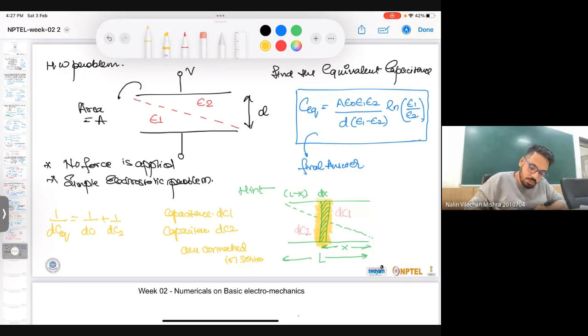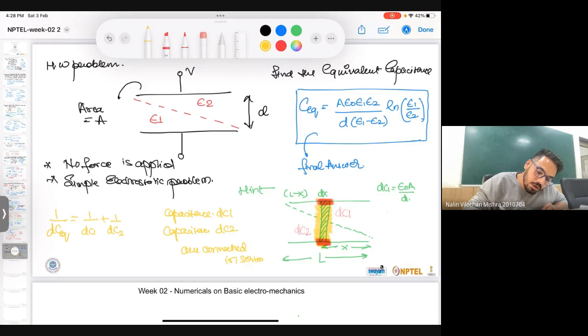So how will you calculate dC1? dC1 can be written as epsilon naught A by d. For that, you need to know the area of this small region. What should be the area of this small region?